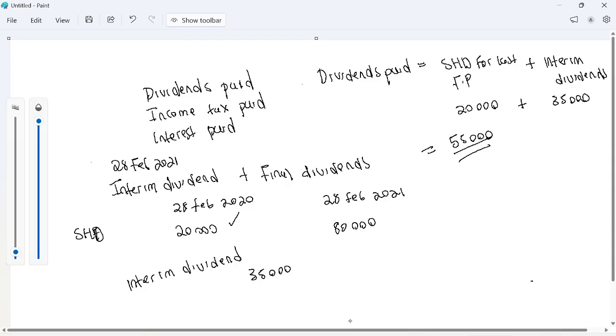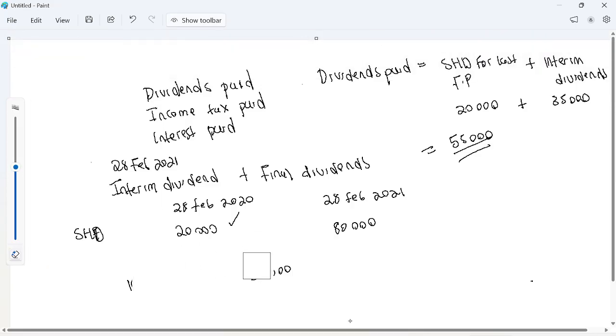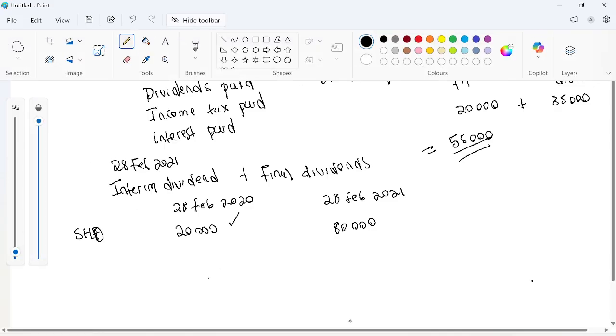But they can trick you like this. They can trick you. You see here, they might not give you your interim dividend straightforward, but the shareholders for dividend for last year, they will always give it to you. But then, interim dividend, they can try to trick you and not give you an interim dividend straightforward.